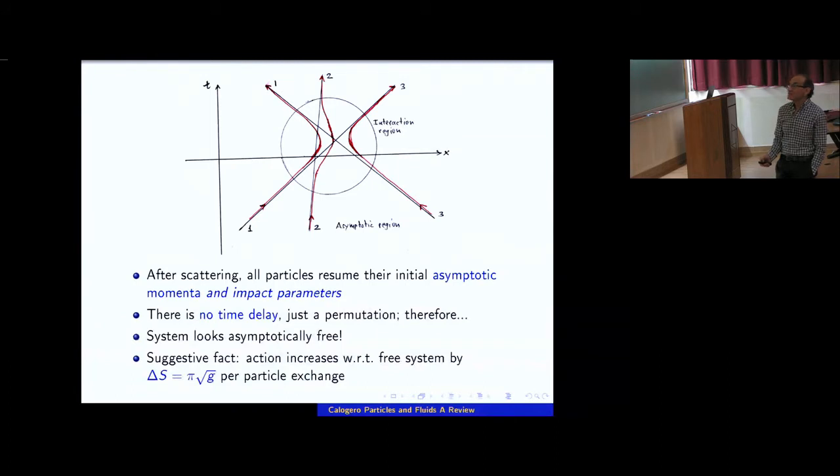And that constant is proportional to the square root of g times pi times the number of 2-point crossings here, there, and there that these particles would need to undergo if they were free. So you have that much extra contribution in the action for every two-particle exchange. Why is this suggestive? Yes.